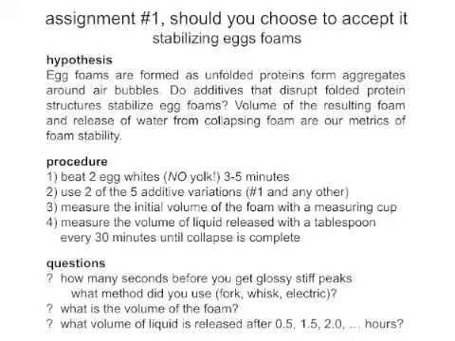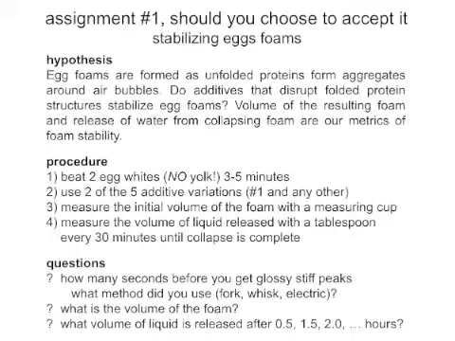The hypothesis that I phrase here is, do additives that disrupt the folded protein structures stabilize those egg foams? That is to say, can we query the stability of the egg foam with a variety of different additives to that whisked up mixture?